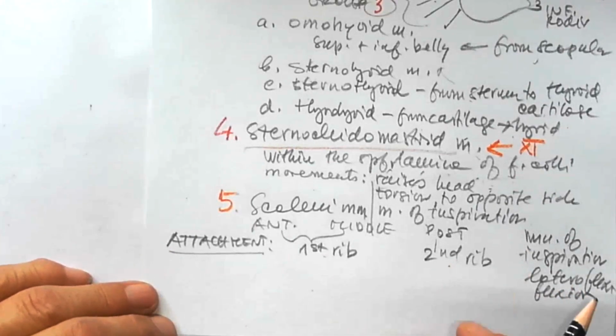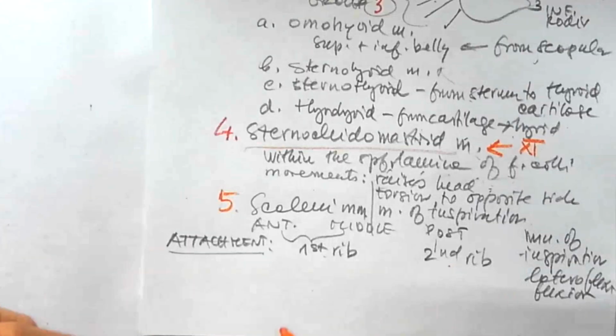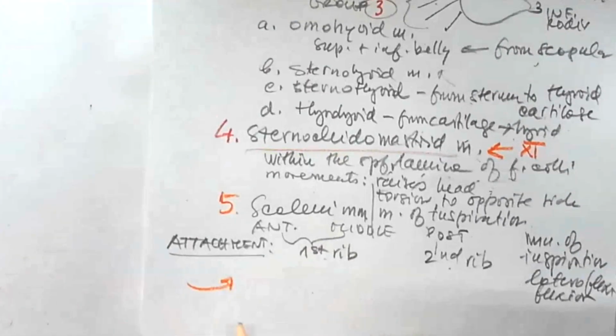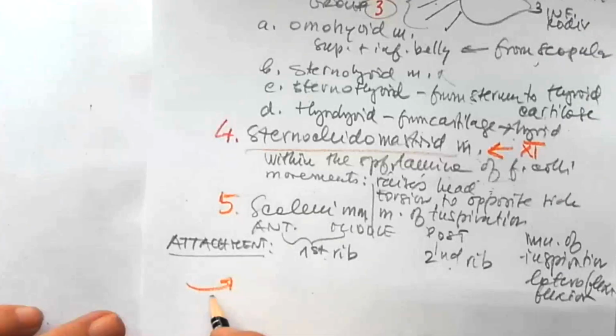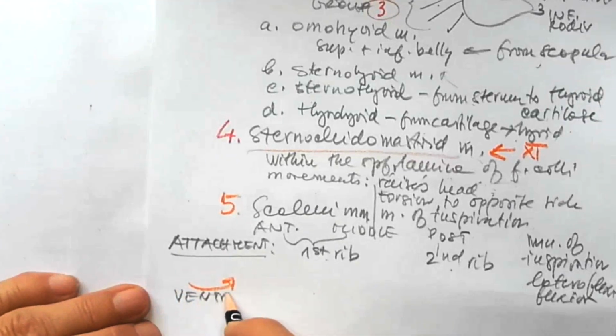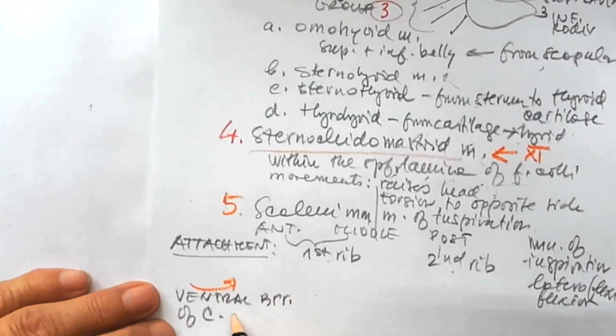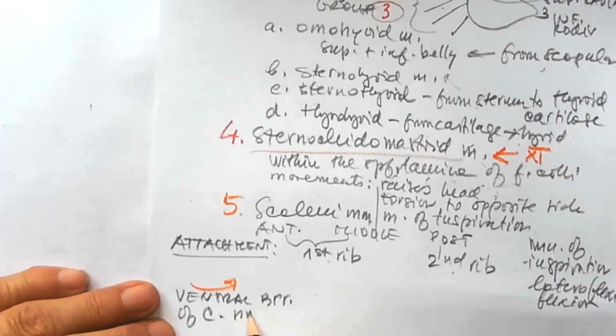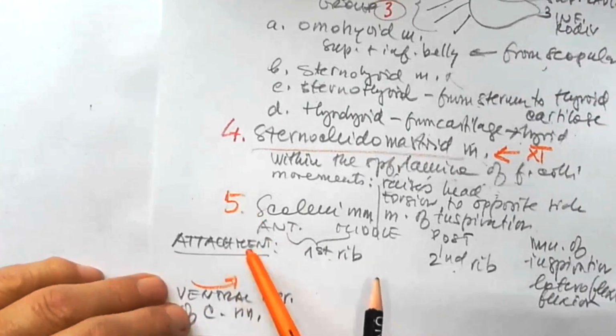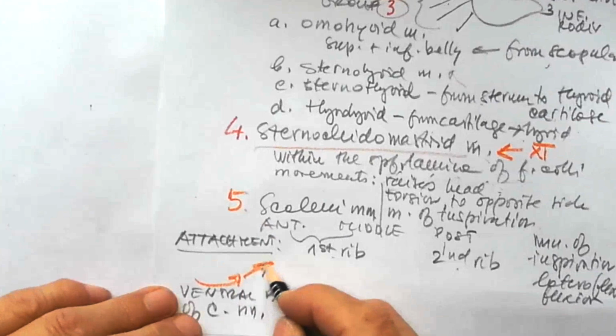And we could say that scaleni muscles are innervated by the ventral branches of cervical nerves, all of them.